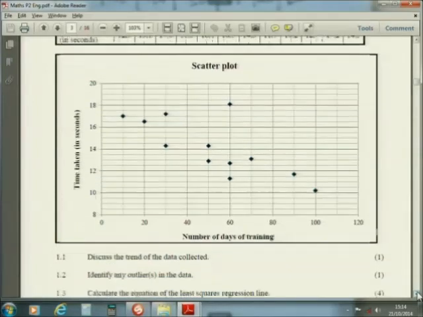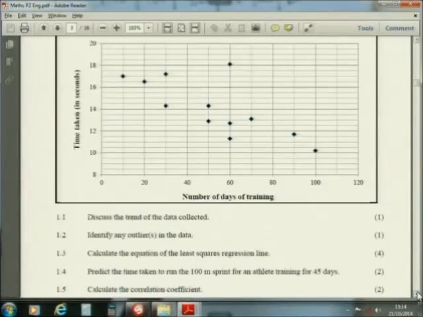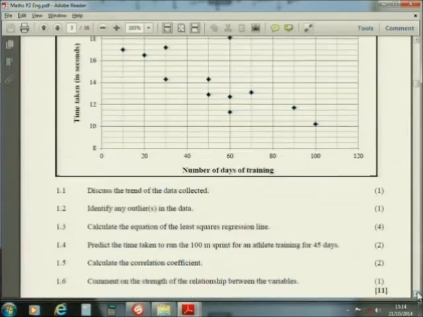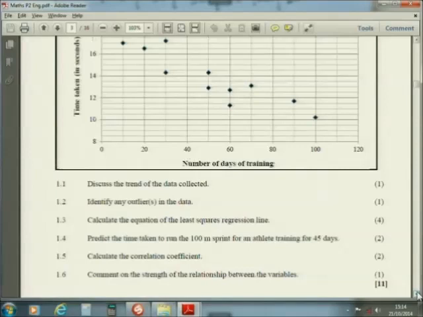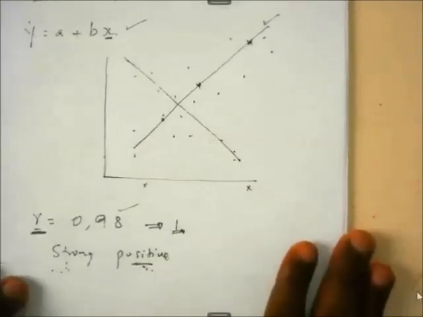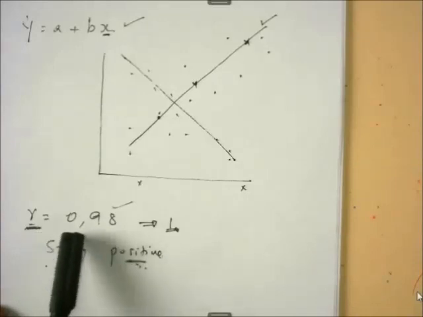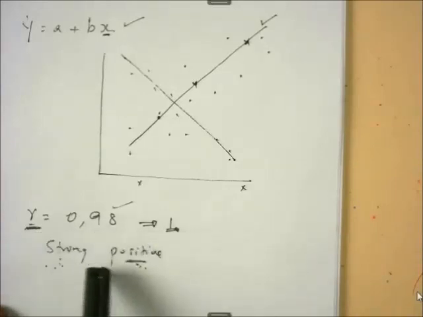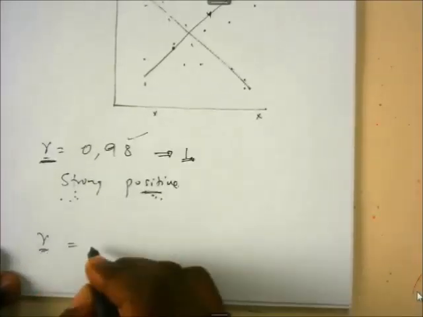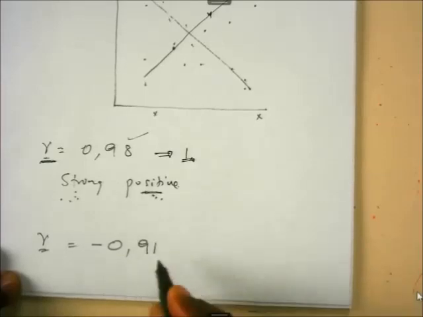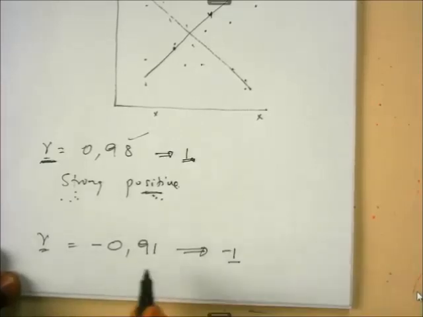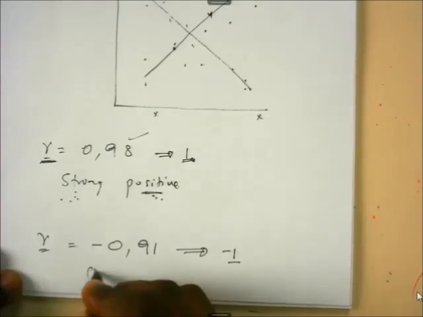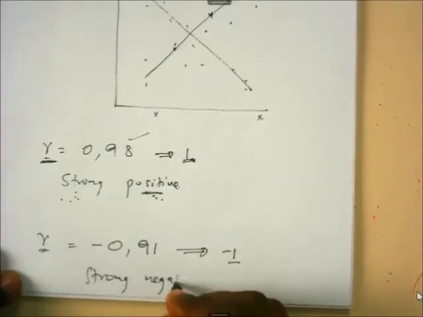Now, the related questions will also want us to find the least squares regression line. That is an exercise you can do with your teachers, using a calculator. Calculate the correlation coefficient, the value of R. Your teachers will also explain that if the value of R is very, very close to 1, then we say it is strong positive. But if R from your calculator is very, very close to -1, then we say it is strong, but in this case a negative correlation.